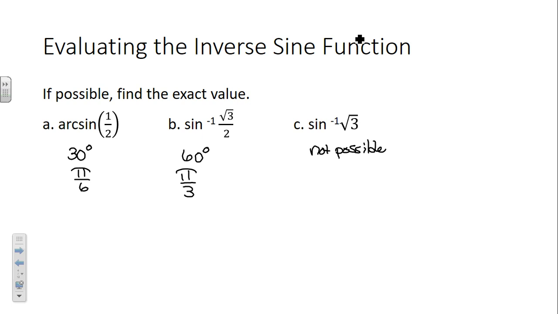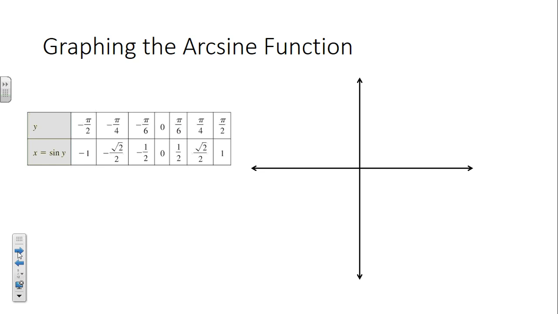Okay, next one. So let's graph that arcsine. And we're going to use some numbers that we know fairly well. Before we were saying sine of negative pi over 2 is negative 1. Sine of negative pi over 4 will be negative square root of 2 over 2.